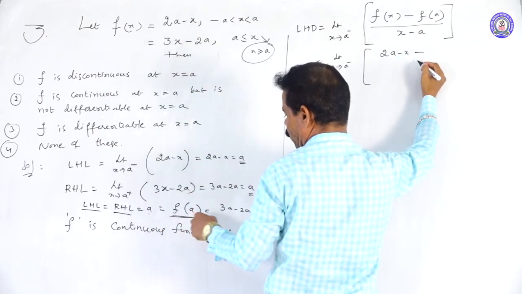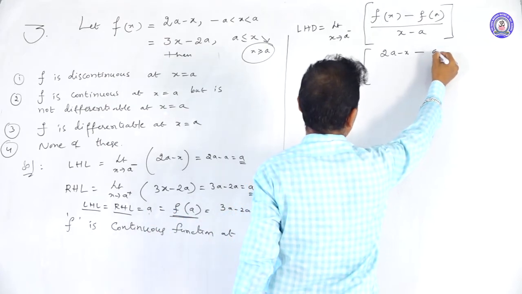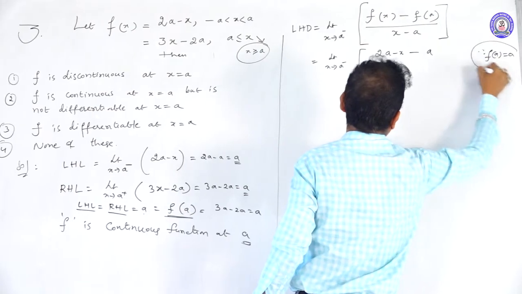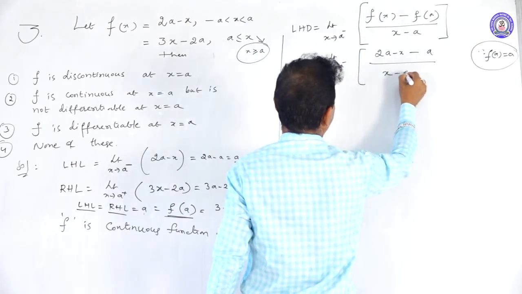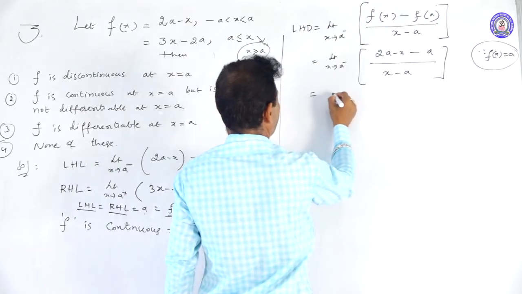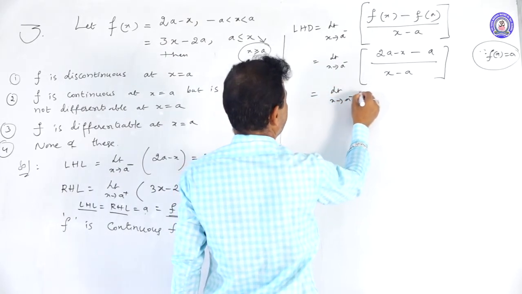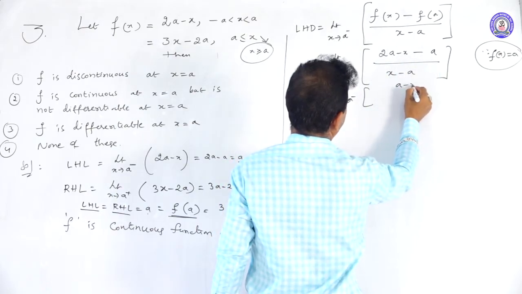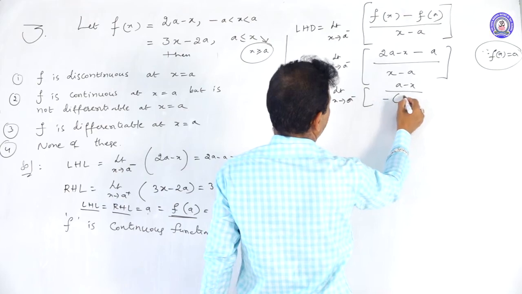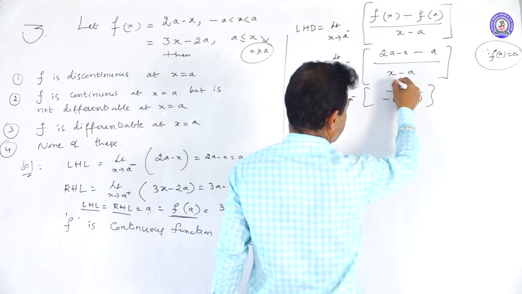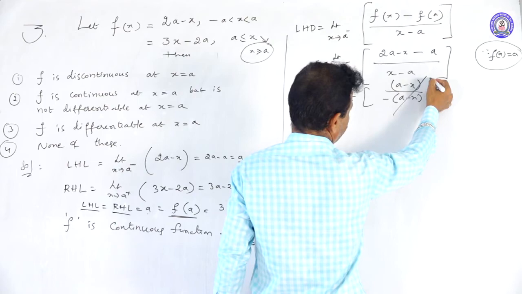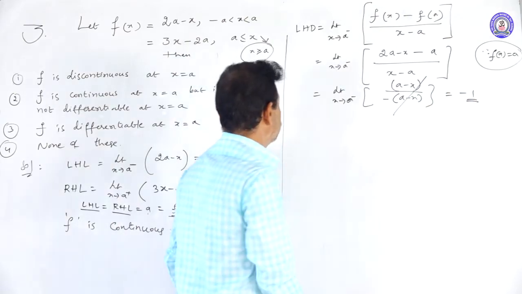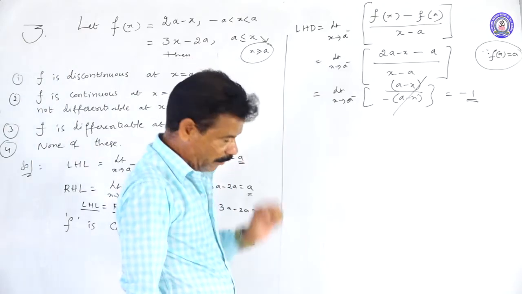F of a value we know here, f of a is a, all divided by x minus a. Now limit x tends to a minus, this value 2a minus a minus x. Here minus taken outside, a minus x. This term is the same, cancelled. So it is equal to minus 1. This is the left hand derivative.